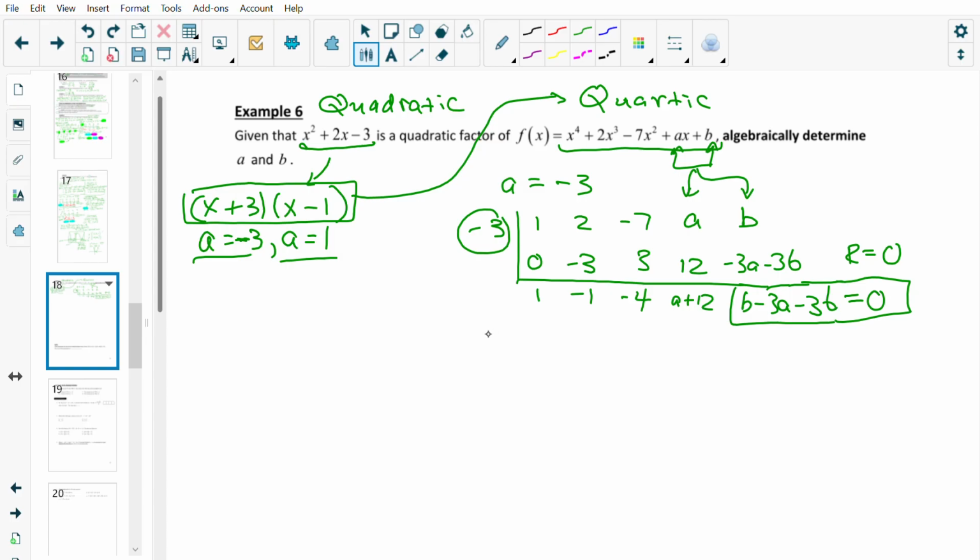Let's take care of the other factors. So we did a equals negative 3. Let's do a equals 1. Okay, so same thing, synthetic division.